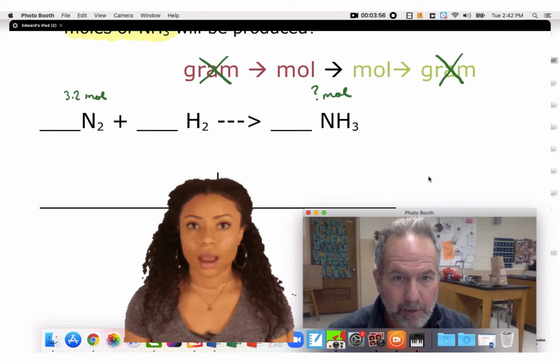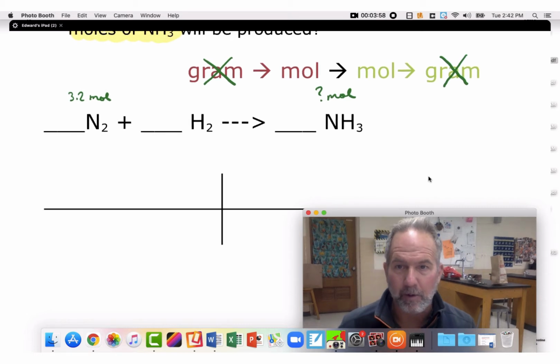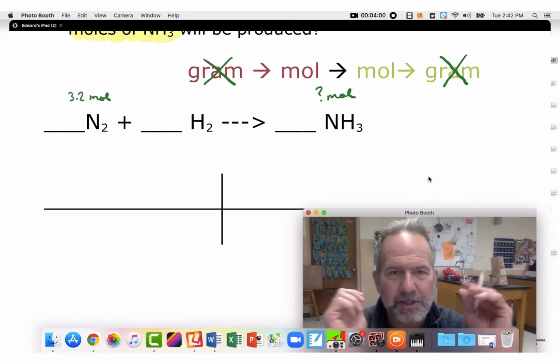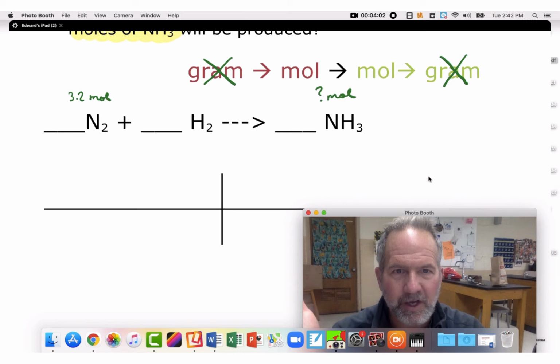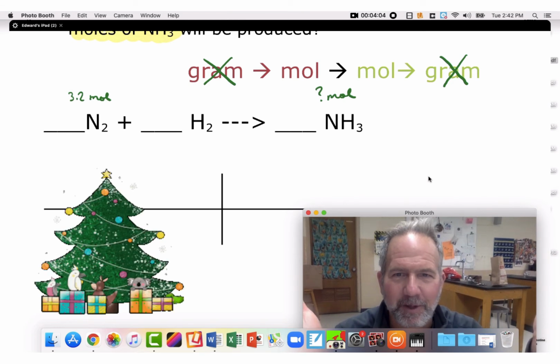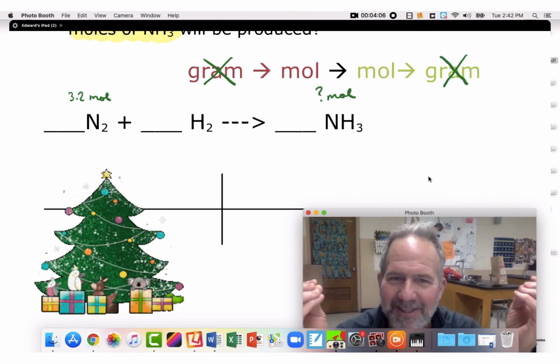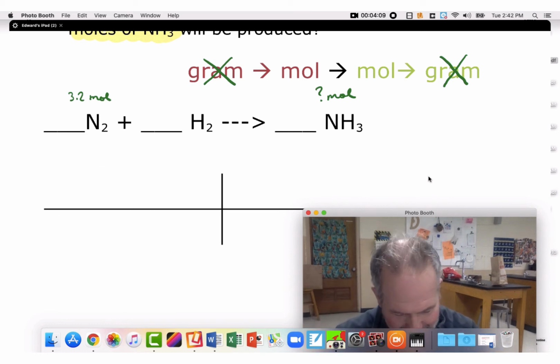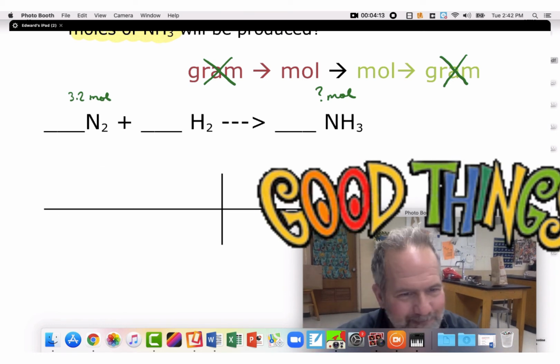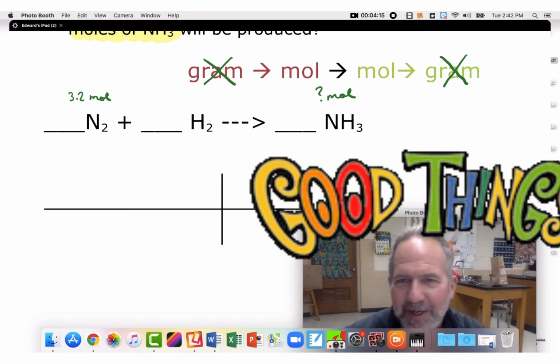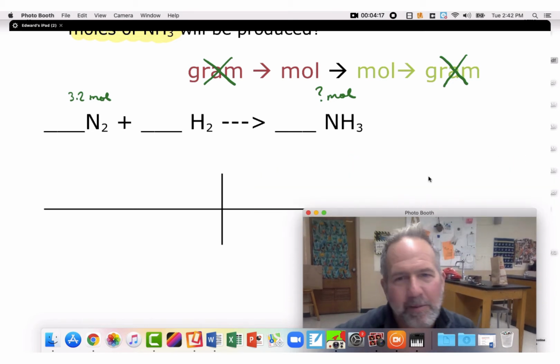All right, so here we go. Starting with moles. Oh my gosh, no one's balanced that equation. Another Christmas miracle. We get the chance to balance an equation. Good things are happening. All right, let's see what we have here. I see two N's on one side and one N on the other.